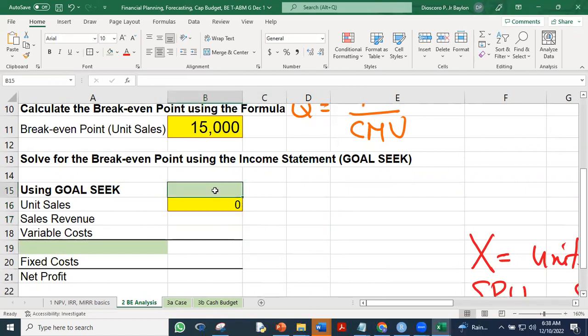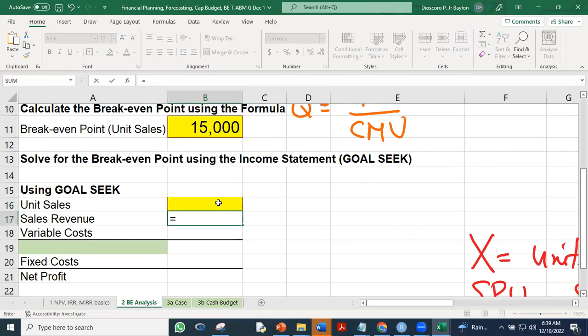We would like Excel to find this number of units. So this is the unit sales. This is where we're going to put our level of output, our number of units sold. So our sales will be equal to this multiplied by your SPU.